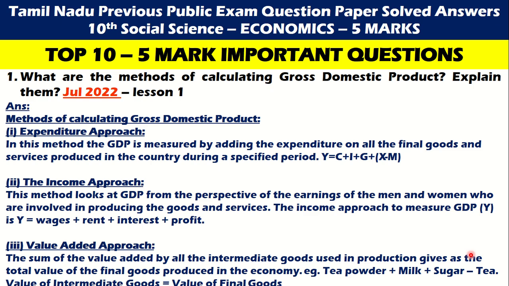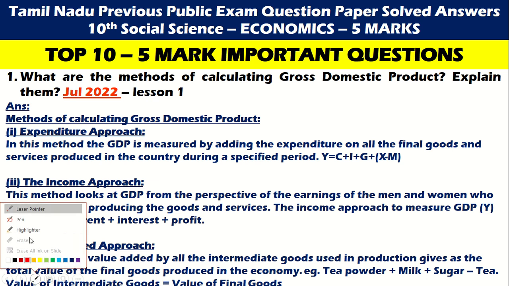Let us go to the question now. The first question is, what are the methods of calculating gross domestic product? Explain them. The first is the expenditure approach.